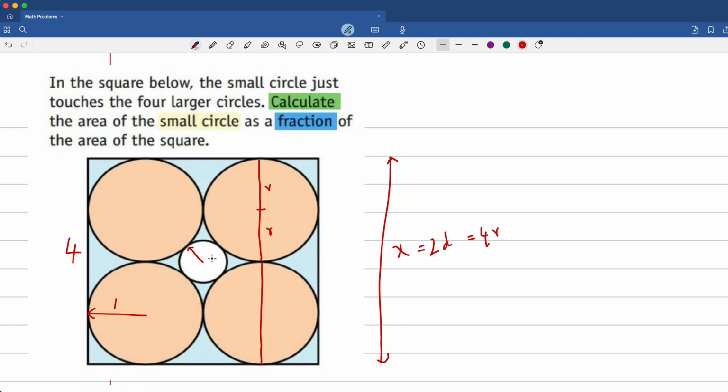So in order to do this, we can think of, okay, how do I bring in the inner circle? How is it connected to the rest of them? The problem right now is that even if you were to draw a diagonal whose length you can find out, because if the side is 4, then the diagonal would be 4 root 2.